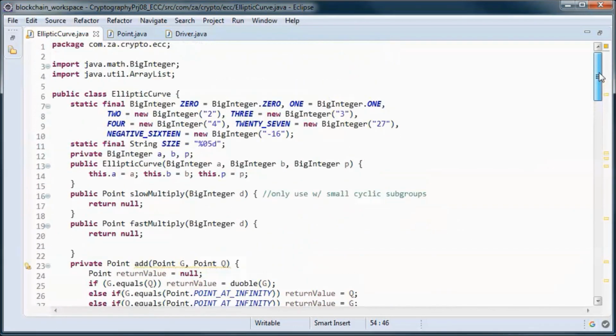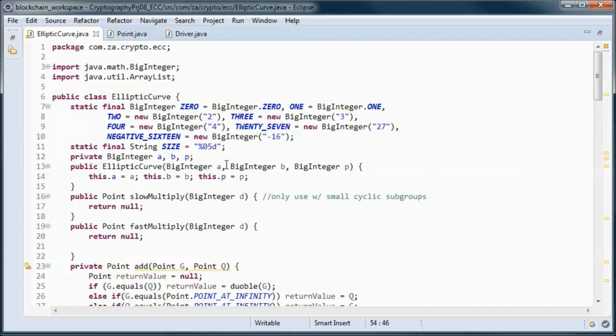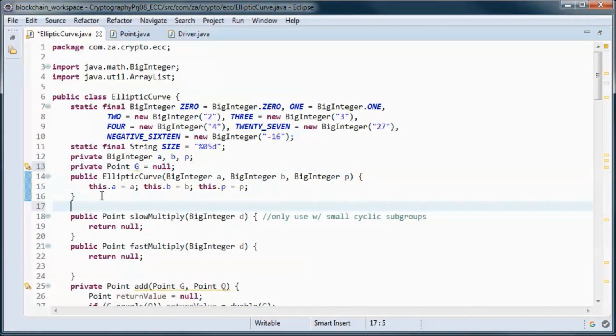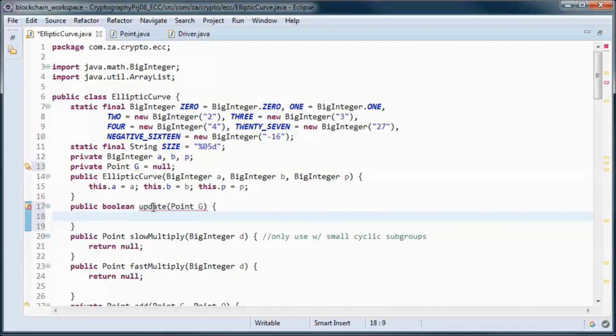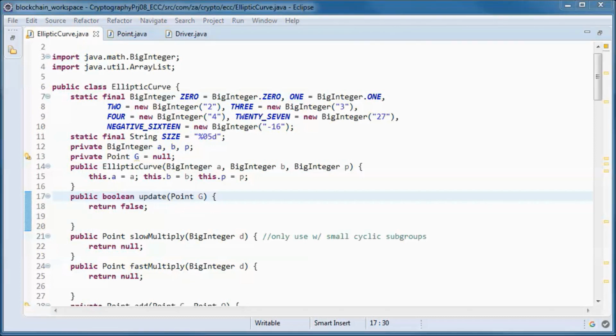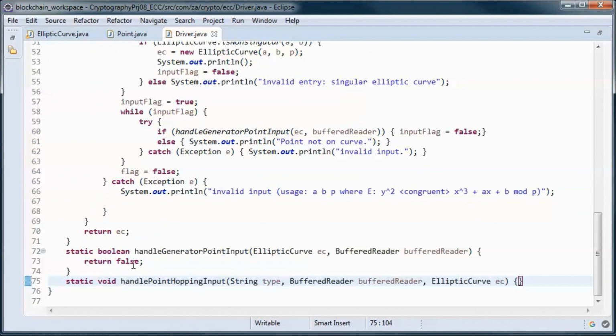And let's have the generator point as an instance variable, and it gets updated in this method given the user input. So now let's go back here and finish up this method.